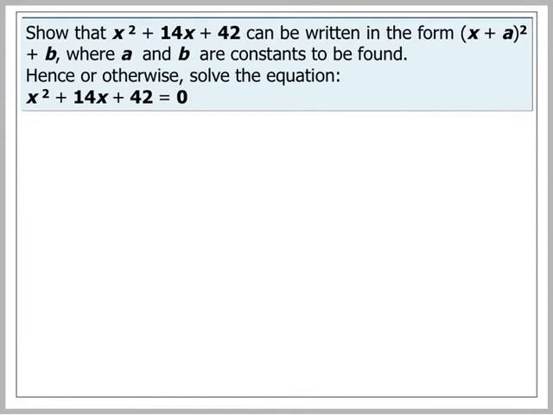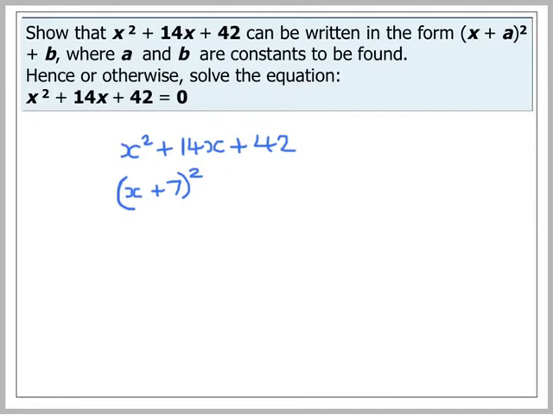Okay, another completing the square question here in the same form, x plus a all squared add b. This time we're going to do the hence or otherwise to solve the actual equation. So let's get it written down first of all. We've got x squared plus 14x plus 42 this time, and we're going to complete the square on it. So we'll half that middle term. This gives us x plus 7 all squared.